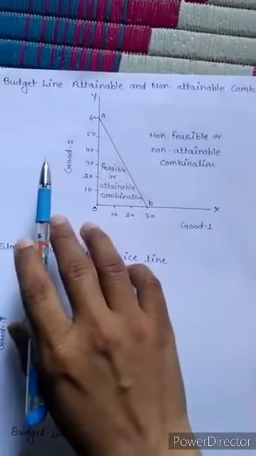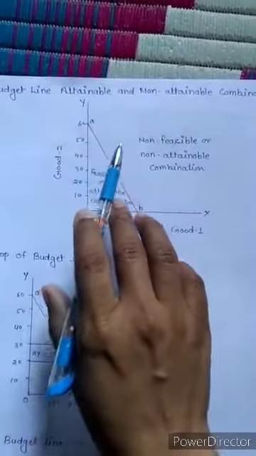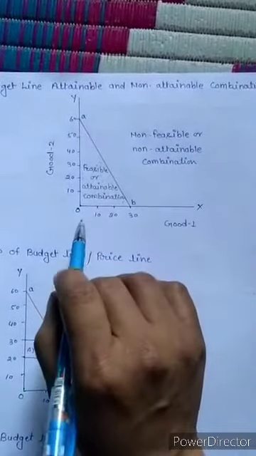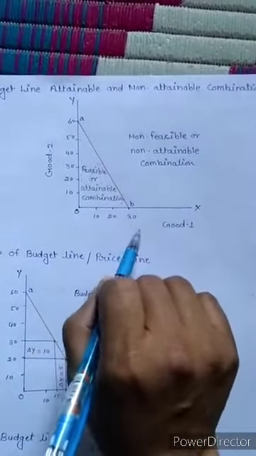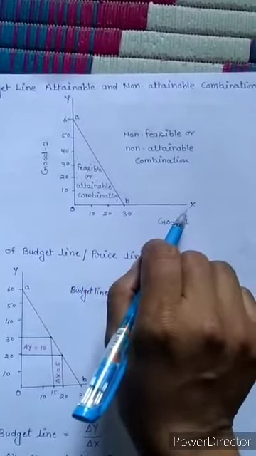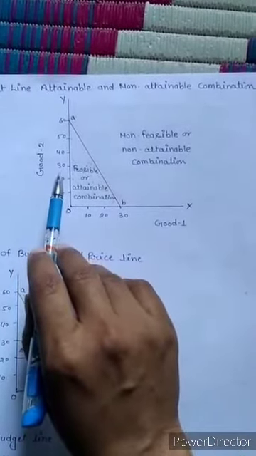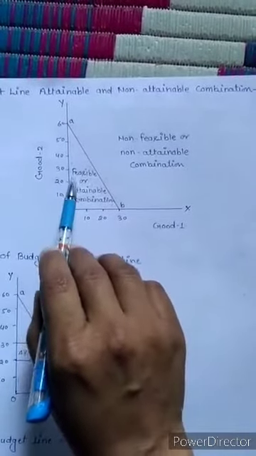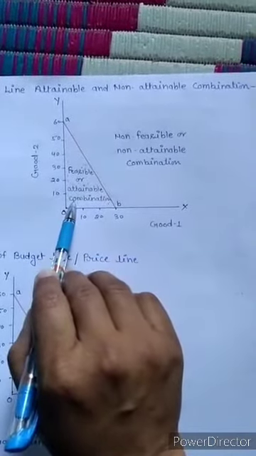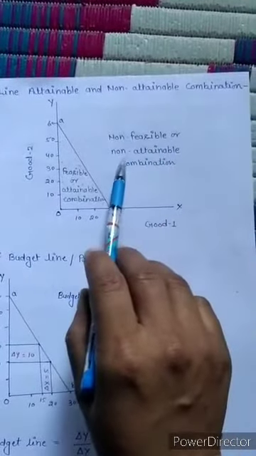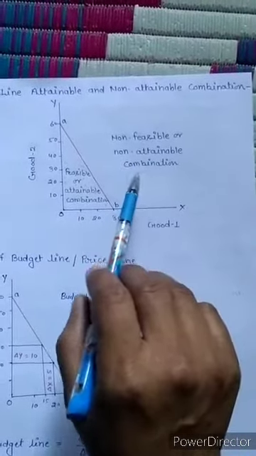Next point, budget line, attainable and not attainable combination. It is cleared by the figure. Here goods 1 is taken on x-axis, goods 2 is taken on y-axis. Here this is the feasible or attainable combination, and this is the non-feasible or non-attainable combination.